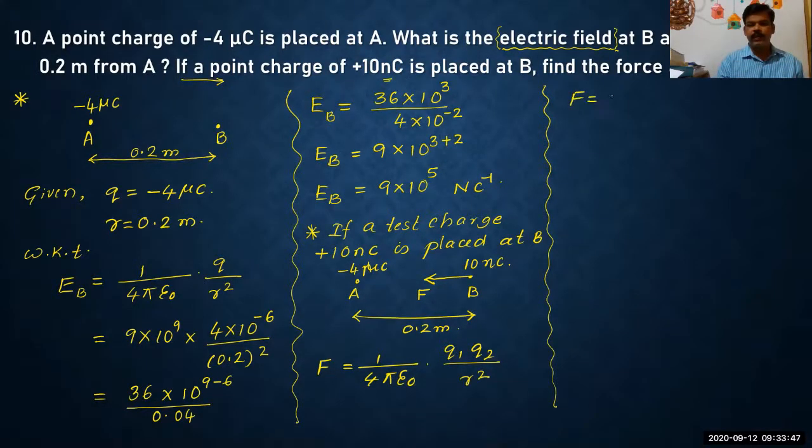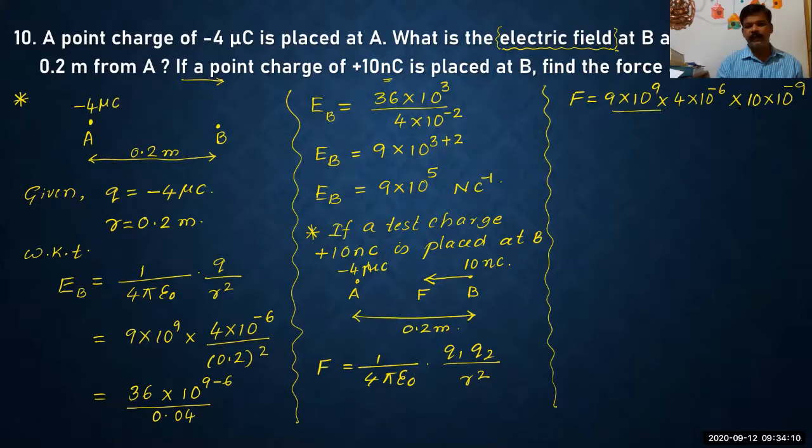So it is 9 into 10 raised to 9. Yes. What is q1? Q1 is 4 into 10 raised to minus 6. Q2 is 10 nanocoulomb. Observe here carefully. 10 into 10 raised to minus 9. Nano means 10 raised to minus 9.